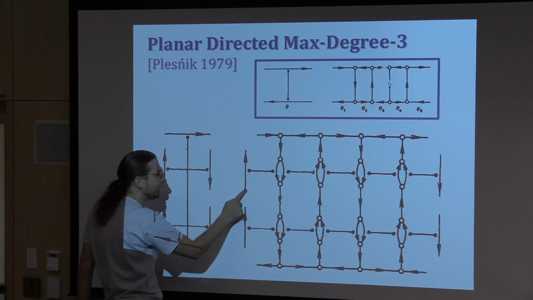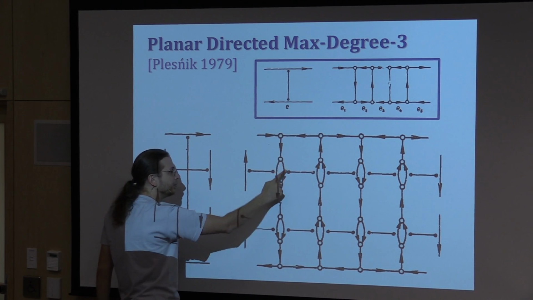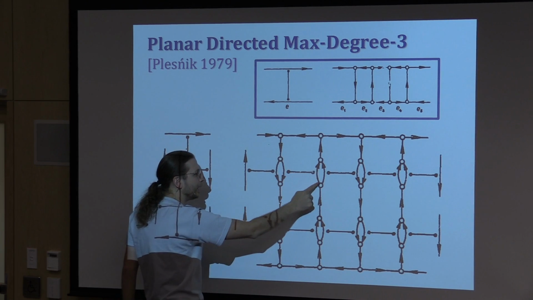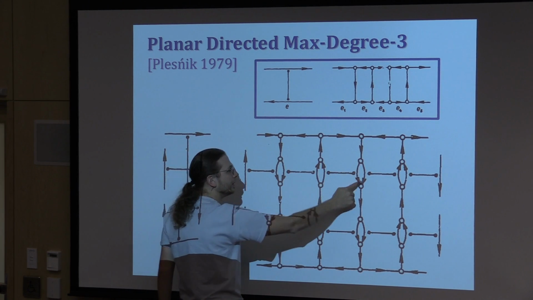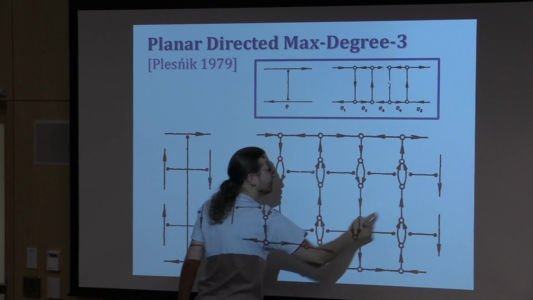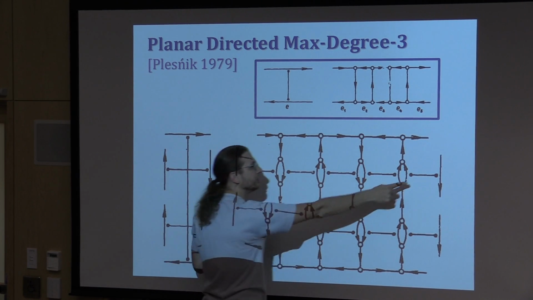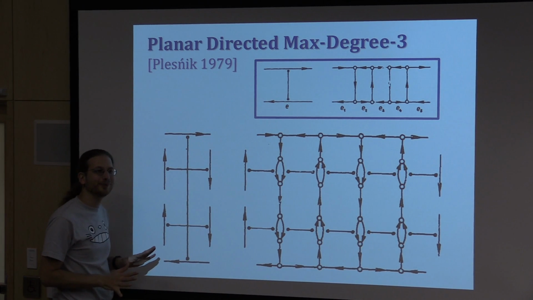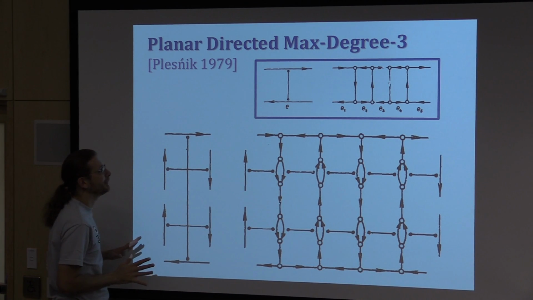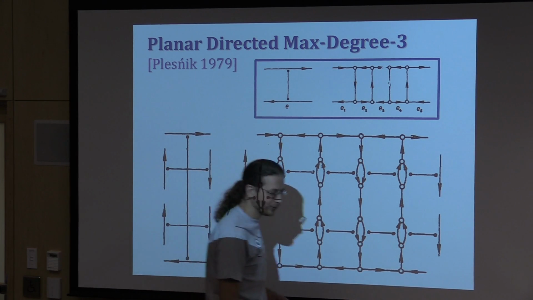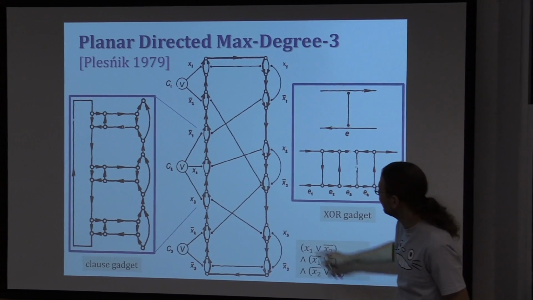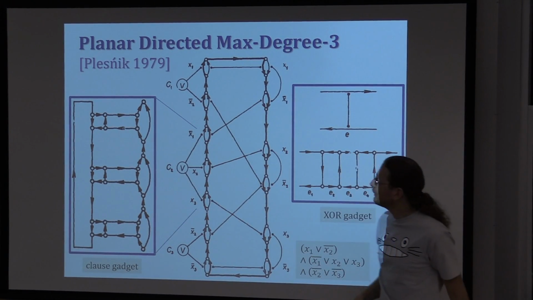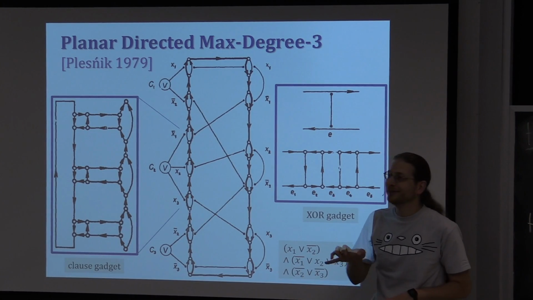So if this is in, then this must be out, so this must be in, so this must be out, so this must be in, and so on all the way through. And so that forces an XOR between this edge and that edge. Cool? So that is the crossing XOR gadget, which you plug into all of these pictures, and you end up with planar directed max degree 3.